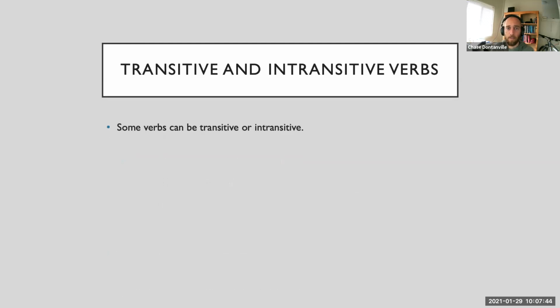Now, some verbs can be transitive or intransitive. For example, drive. He is driving his car. So in this case, it is a transitive verb because his car is the object. But we can say she drives slowly. In this case, it's intransitive because we use an adverb, slowly.